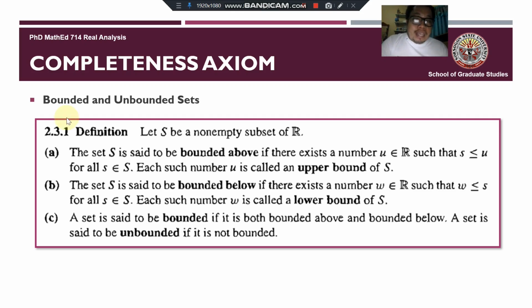So that is how we differentiate bounded from unbounded sets. So for us to further understand those definitions presented regarding bounded and unbounded sets, let's have examples.